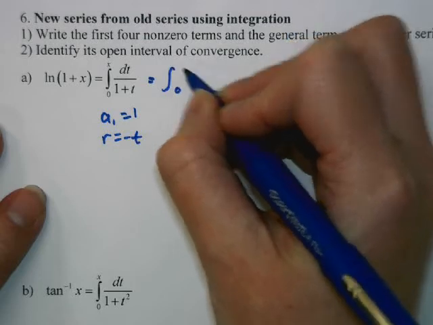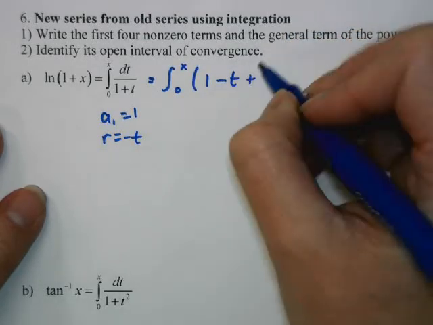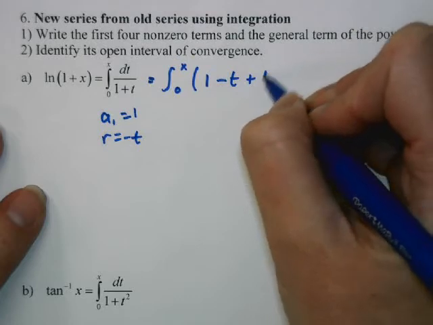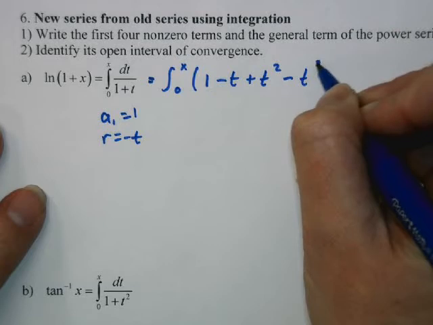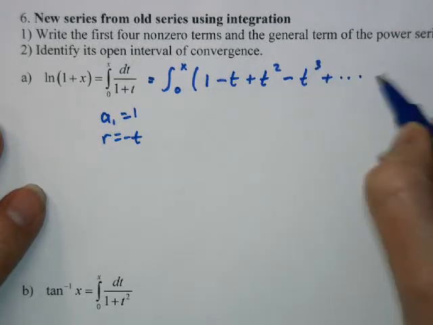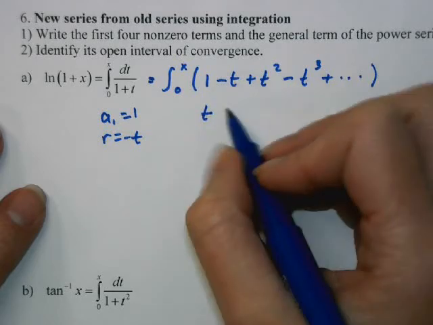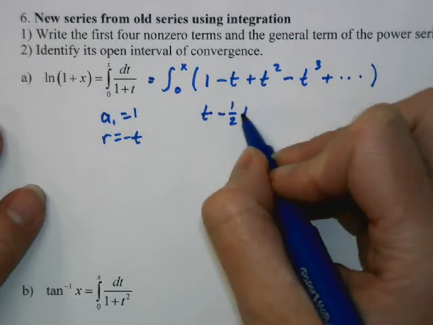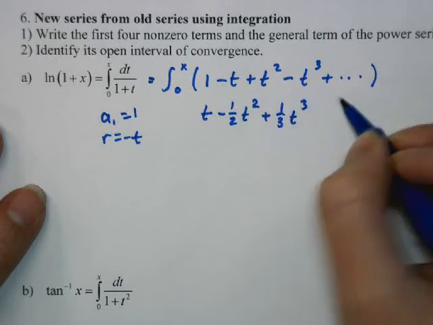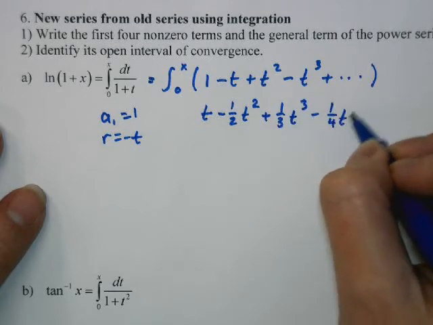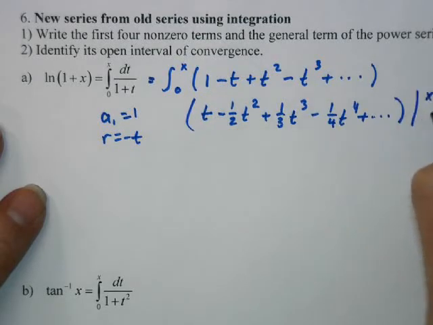So we're going to have the integral from 0 to x of 1 minus t plus t squared minus t cubed. Then we'll integrate. The integral of 1 is t. The integral of -t is going to be -1/2 t squared, plus 1/3 t cubed minus 1/4 t to the 4th, and so on, evaluated from 0 to x.